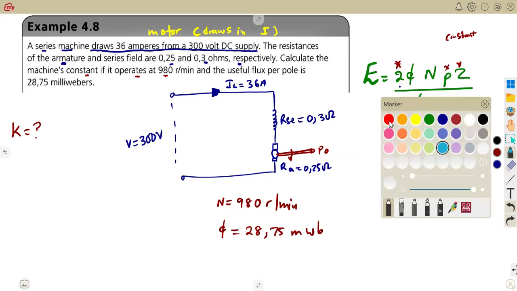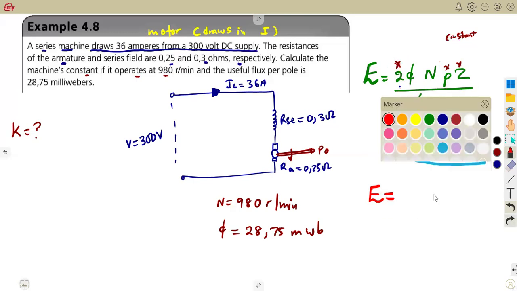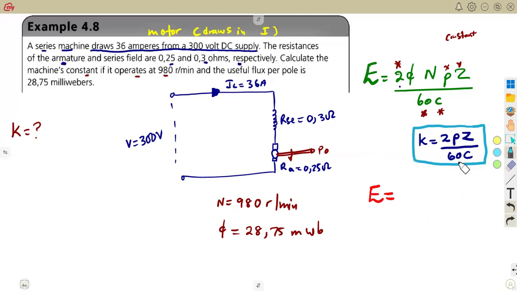So what are we going to do? Let's take the K and use it back here and say E is equal to, because we have removed all these constants. What is remaining if you remove all these constants? Because it's now a single constant, which is written as K. I want you to see what is remaining.